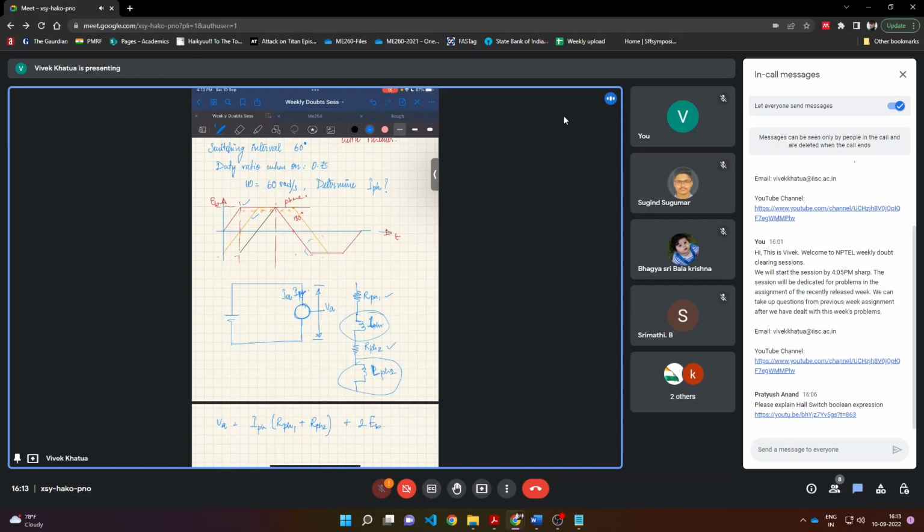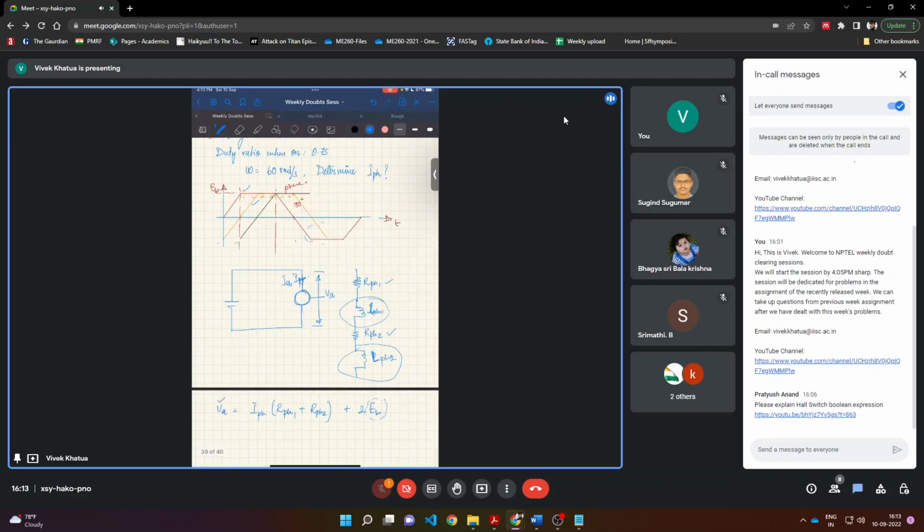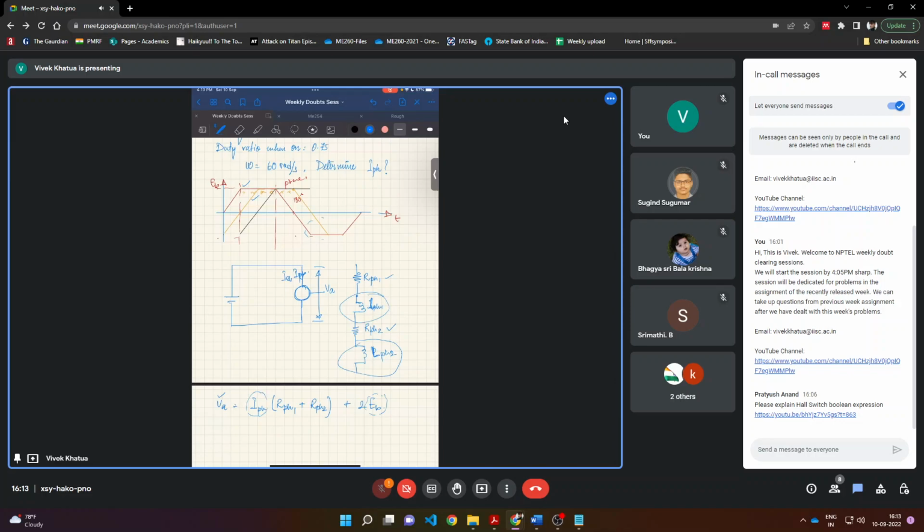Before we get to V_A, we have to calculate E_B, because what we are asked is the current through the phase.